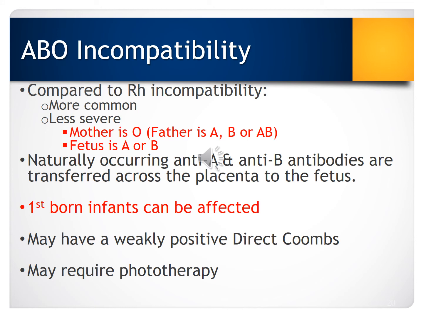And the other difference is that the first pregnancy can be affected automatically because the mom already has these antibodies. She already has this isoimmunization against blood types A, B, and AB.